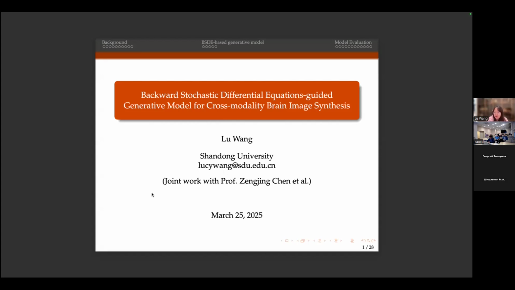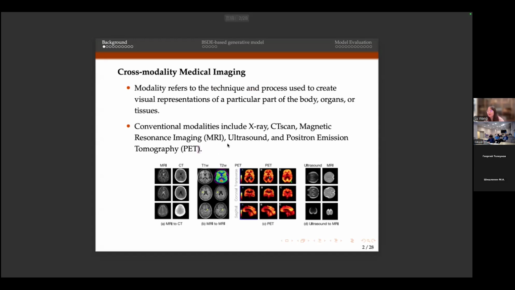So at the beginning, let's first look at what kind of topic we are focusing on. Actually, this is a really meaningful and long-history topic in the field of medical AI. So what are medical imaging modalities? They refer to the different techniques used to visualize organs and tissues within the body.